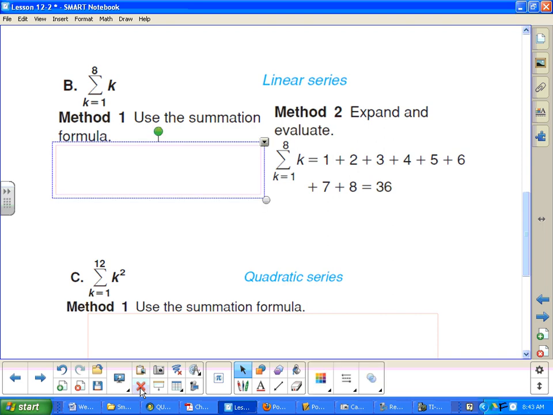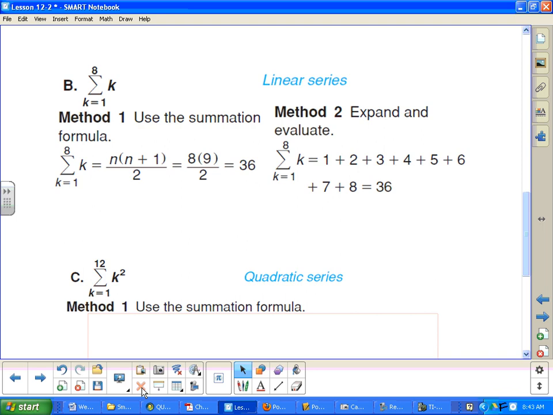But if you want to use the formula, you could use the formula also. In this formula, here's the formula, it's n times n plus 1 divided by 2 because it's linear. So my value for n is 8 here. So we're just going to do 8 times 9 divided by 2, which also is going to get us 36.